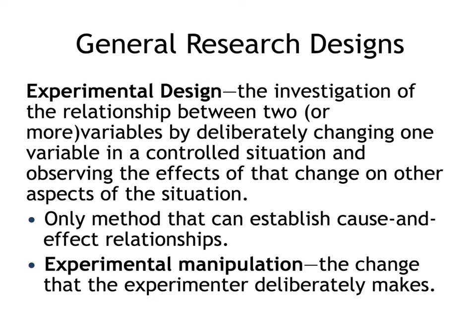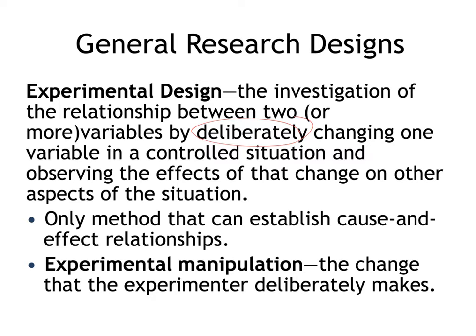The only way we can establish cause and effect relationships, which correlational design does not allow us to do, is through an experimental design. And an experimental design consists of an experiment. This is where we deliberately manipulate one variable and observe the effect that that manipulation had on another variable.